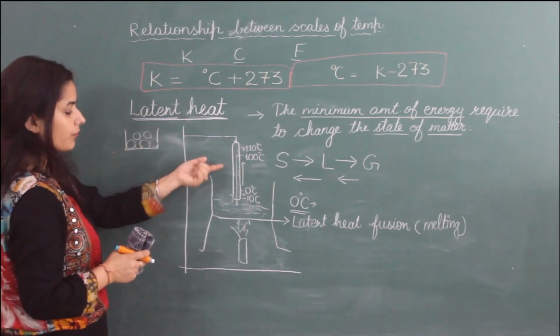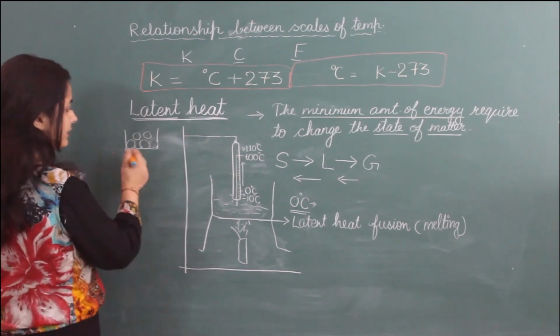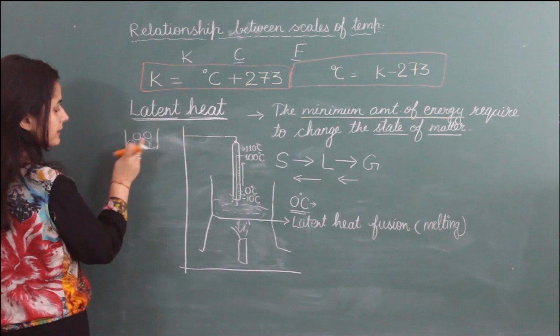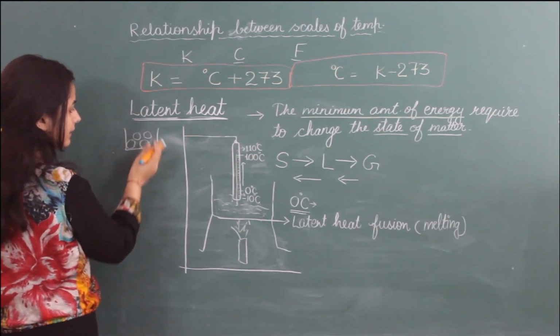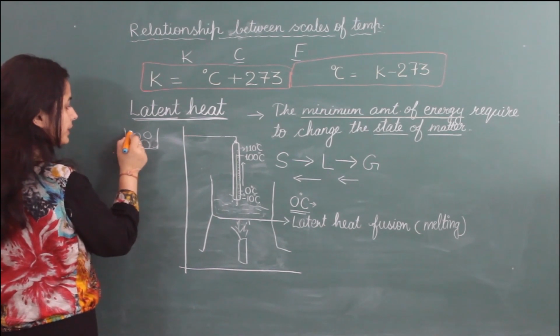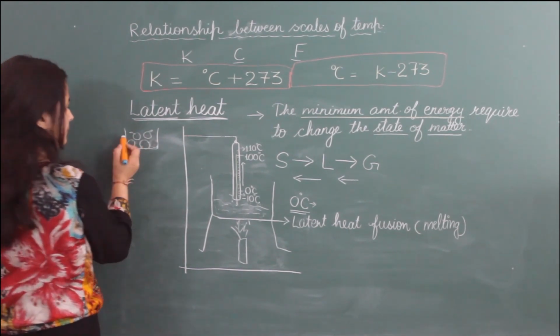Up to that time water will not boil. These particles take heat and vibrate and move here and there in the container, but they can't leave the container because they need more energy.